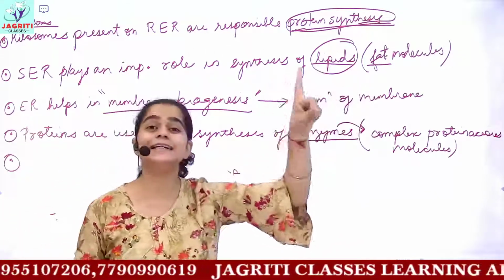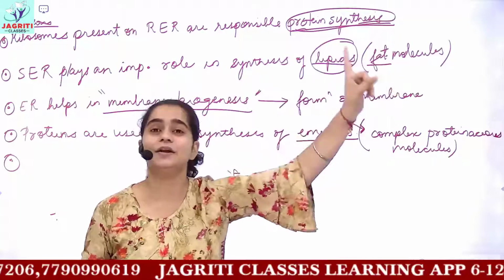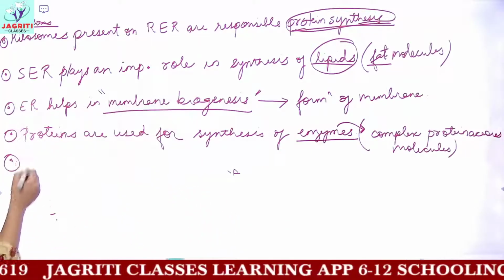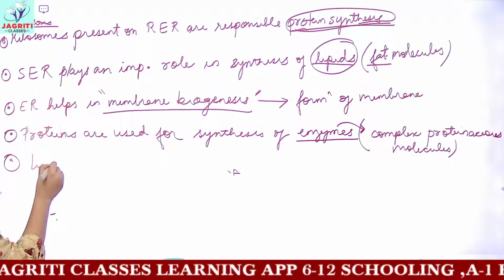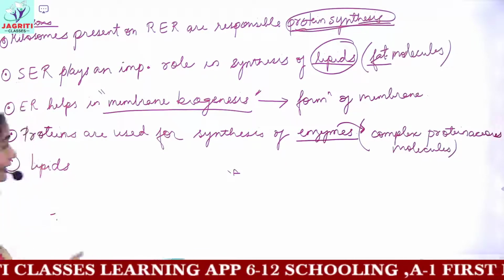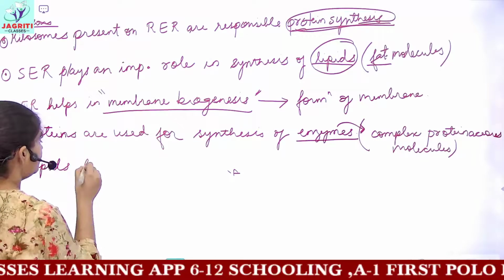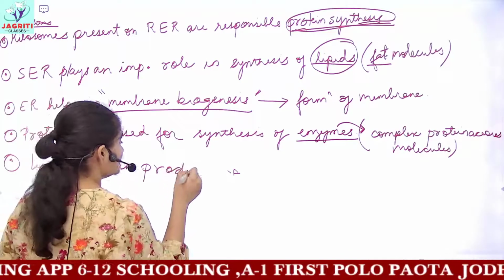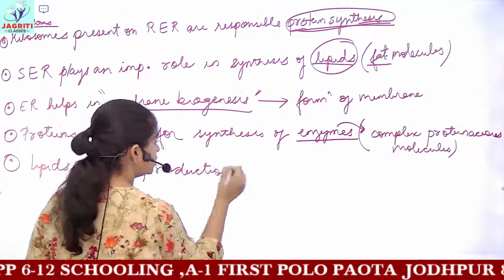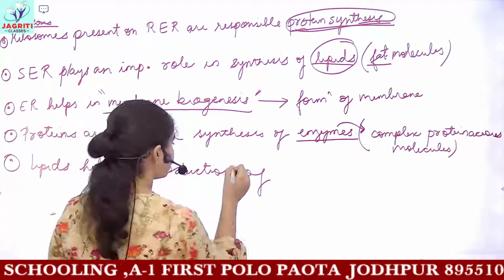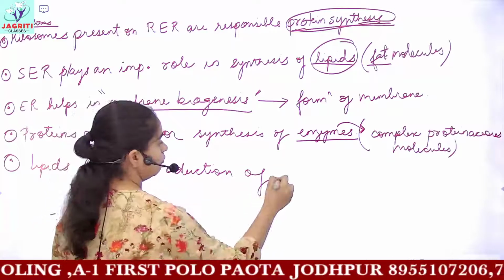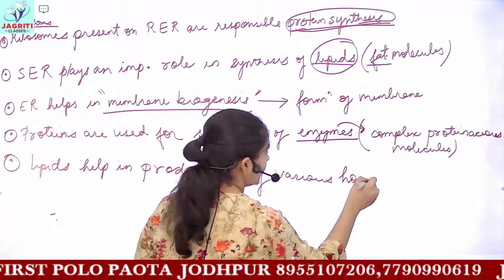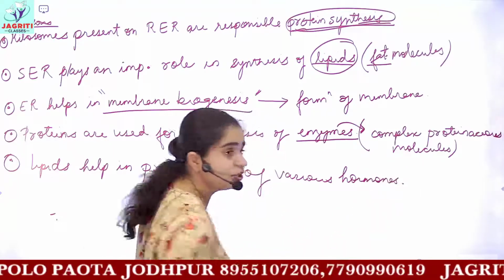Now you know that endoplasmic reticulum, mainly speaking smooth endoplasmic reticulum, helps in the formation of lipids, and these lipids in turn also provide you with required energy, but these lipids have another main function. The lipids which are synthesized by smooth endoplasmic reticulum help in the production of various hormones which are required by the body to function normally.